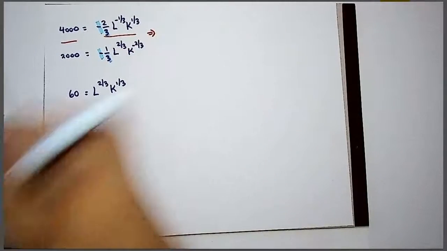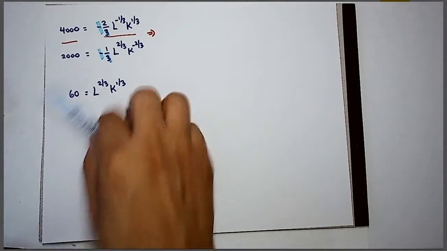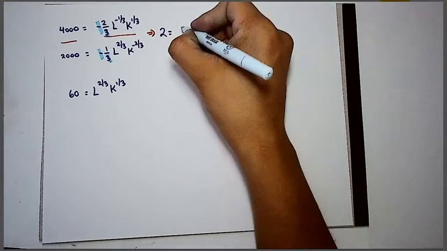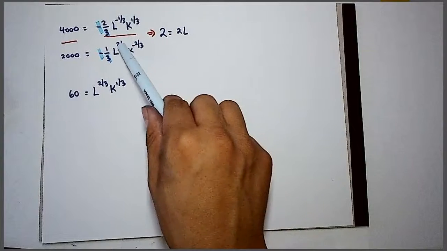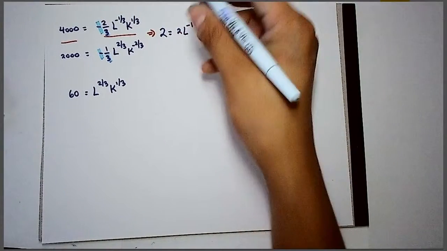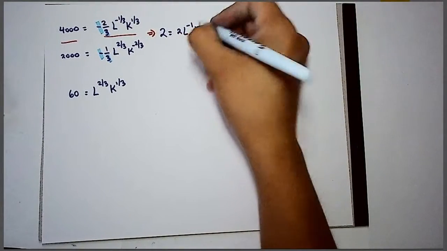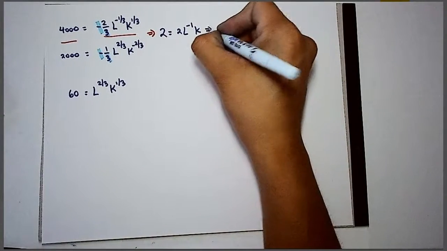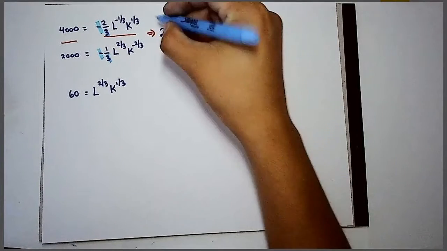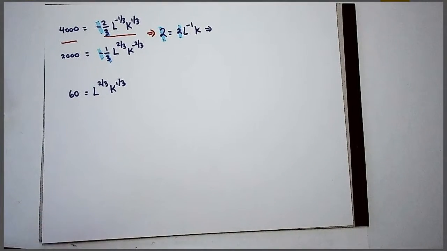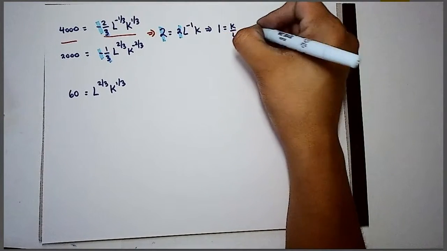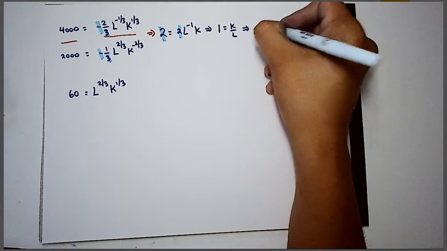And notice this. 4,000 divided by 2,000 is 2, equals, here we have only 2, L minus 1/3 minus 2/3 is minus 1, and K 1/3 plus 2/3 is 1. So here we have 2 divided by 2 is 1. So 1 is equal to K over L. This means that K is equal to L.